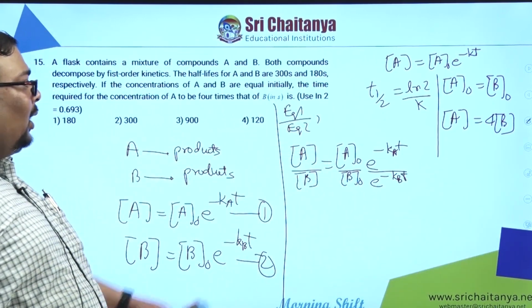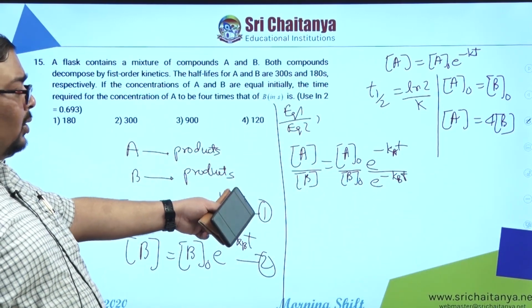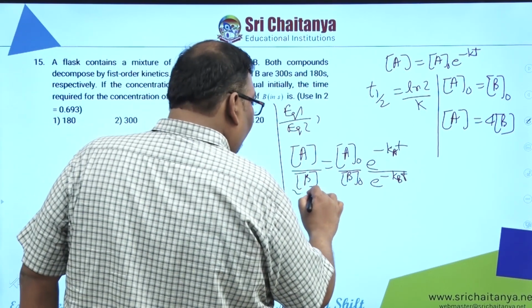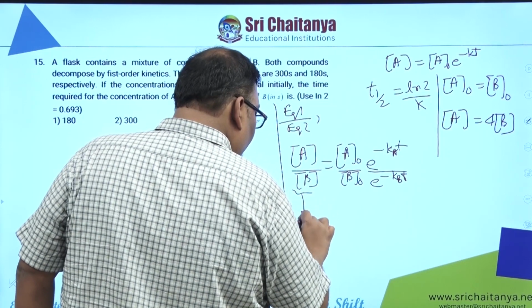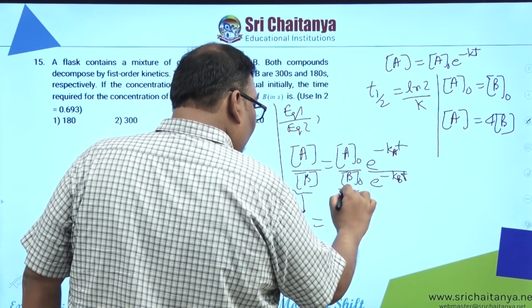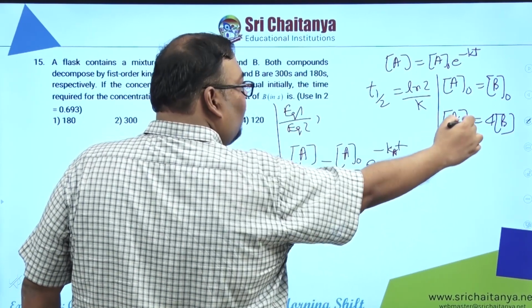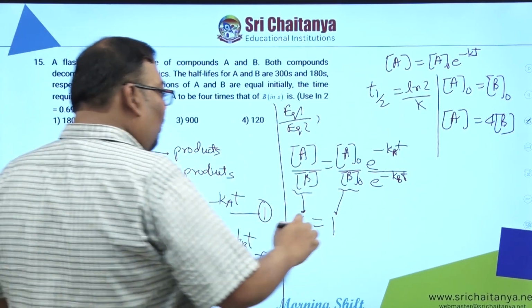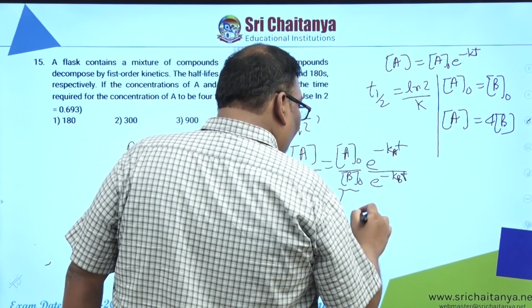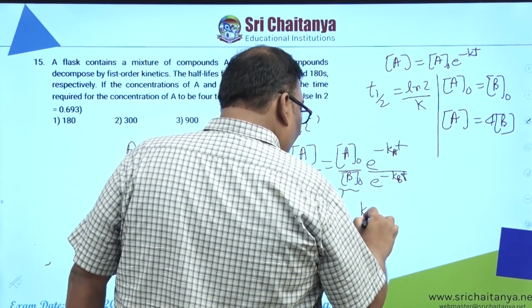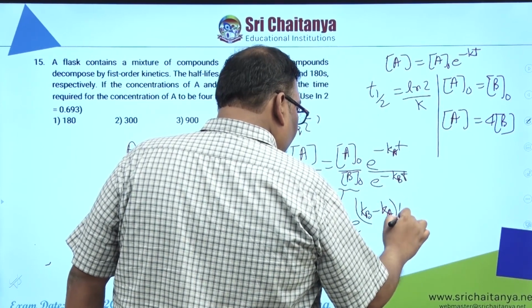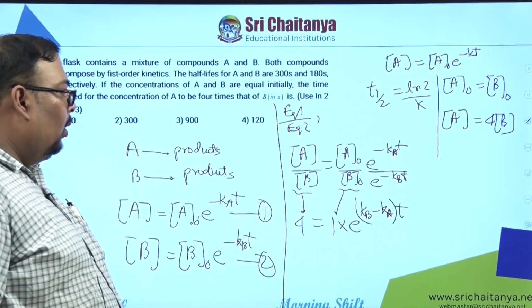Okay. Now concentration of A by concentration of B will be 4. This value will be equal to 4 and this value will be equal to 1 because A naught is equal to B naught, so they will cancel out. So it will be 1 into e to the power KB minus KA into T. Okay.